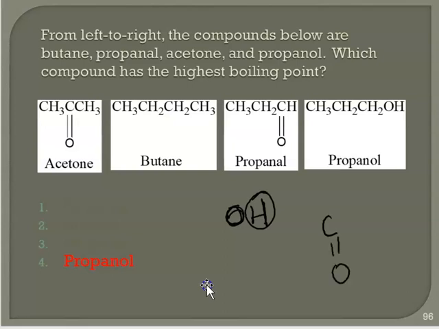When we have oxygen and carbon attached, regardless of if it's in a chain or at the end of the chain, this hydrogen is not attached to anything that is more electronegative than it. Carbon and hydrogen have relatively similar electronegativities. So there's no hydrogen attached to this oxygen out here, so there's no hydrogen bonding.